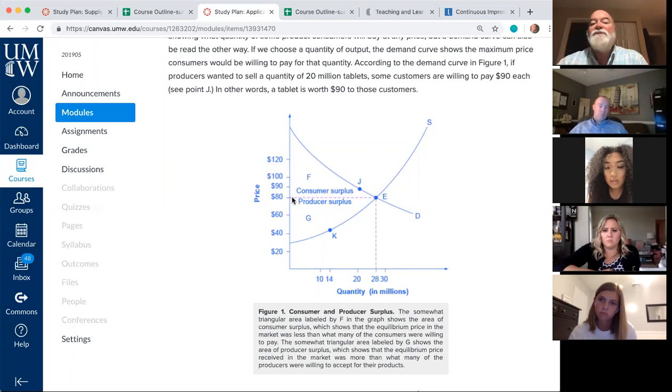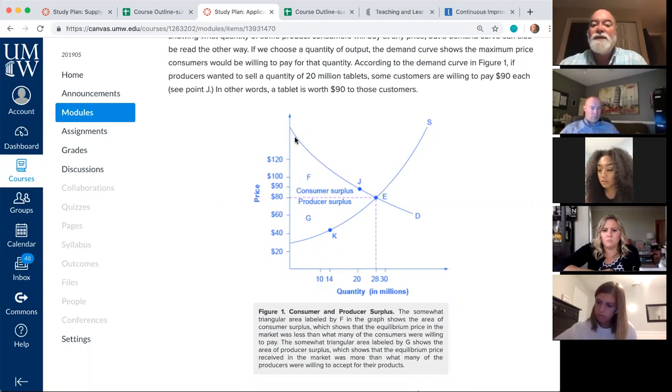What is their profit on the sale? We don't usually think of it in consumer terms, but their profit would be $150 minus the 80, which is $70. They're getting $150 worth of item, but they're only paying 80 for it. That's a huge benefit to the consumer. So the person who thinks the product is worth the most earns the greatest consumer surplus.